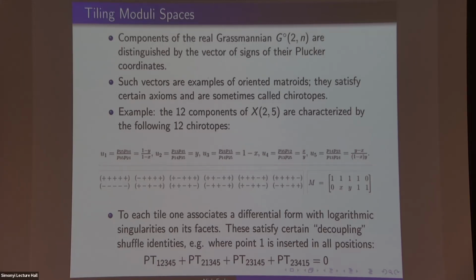If you write it that way, you can see that it's actually a wedge of d logs of cross ratios: d log of cross ratio 1 times d log of cross ratio 2, etc. The point is that if you take your Parke-Taylor factors and you shuffle 1 through 2, 3, 4, 5, you get an identity. So these 4 guys sum to 0. In physics, that is called the U1 decoupling identity, from a certain property of particles.